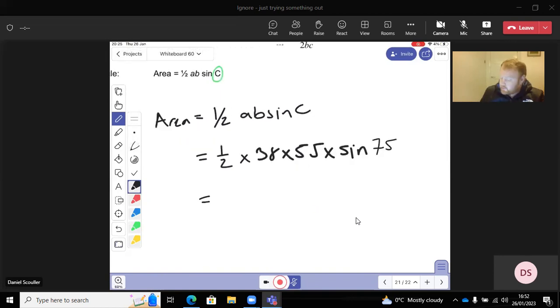So my area of the triangle is half times 38 times 55 times sine of 75.